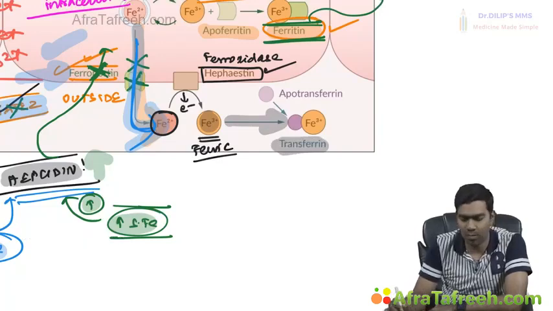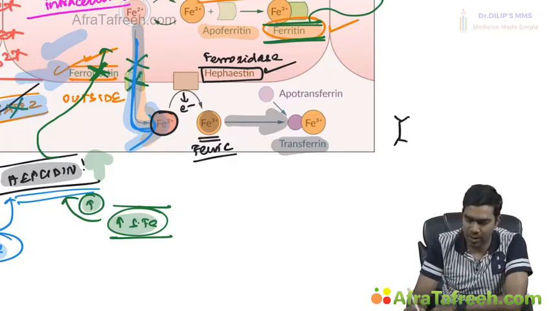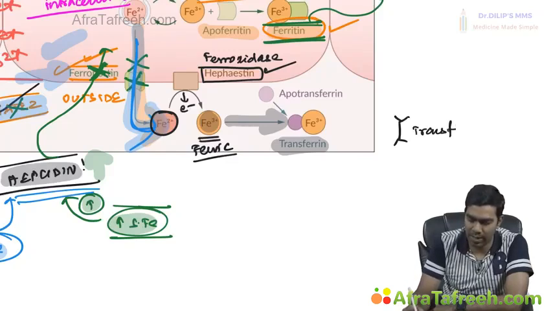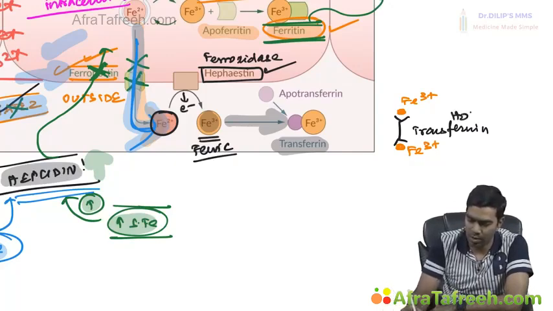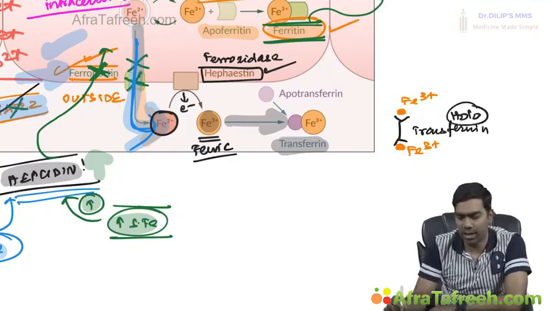Even though this diagram is not extremely accurate, the transferrin molecule tends to be something like this. The moment you add iron to the transferrin molecule, what you are actually adding is two ferric ions. Once you add iron to it, it forms holotransferrin.